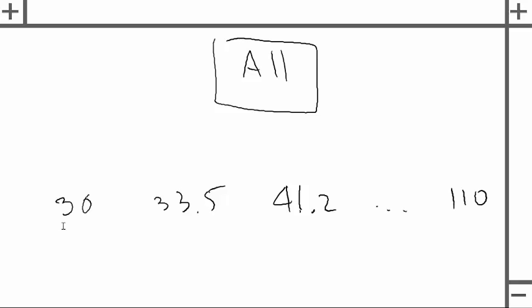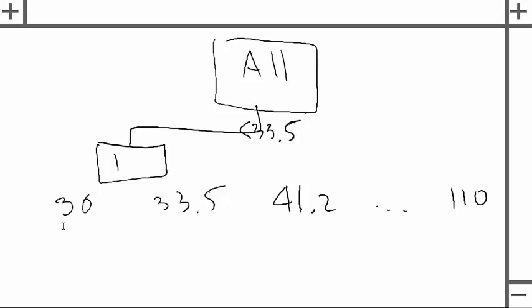What the algorithm does essentially is try every possible split. My first split is going to be below 33.5 and above. So there's only one observation here, and the rest of them, 21 observations, here.